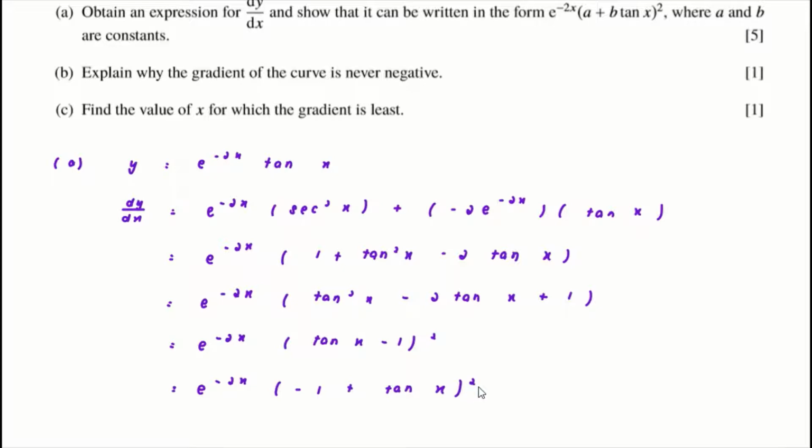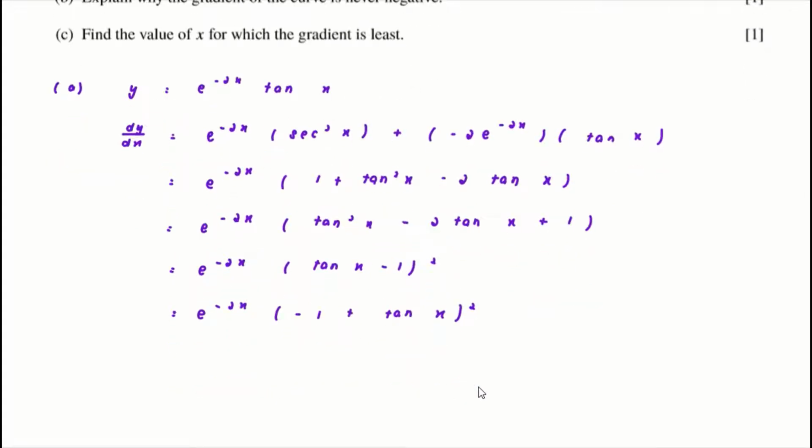Now B: explain why the gradient of the curve is never negative. Which means we need to show that this gradient is always positive, or I mean greater than or equal to 0, so that it will never be negative. For this part, we have dy/dx equal to e to the negative 2x and then negative 1 plus tan x, squared.